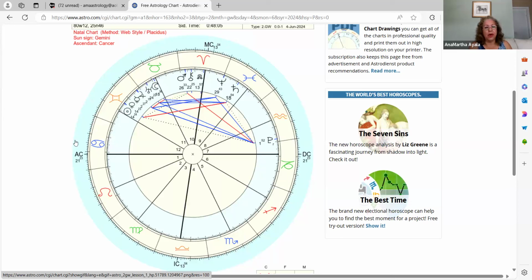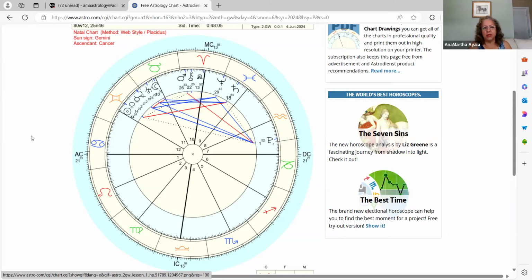So the first house, the fourth house, the seventh house, and the 10th house, these are the most forceful points in the chart. They're the ones of greatest importance because those are the angles of the chart. You have major squares, and a square is a 90-degree angle, right?